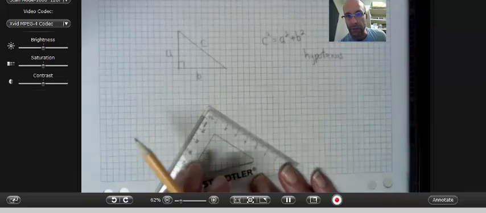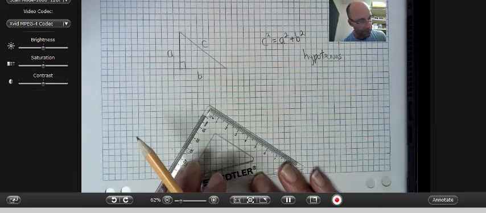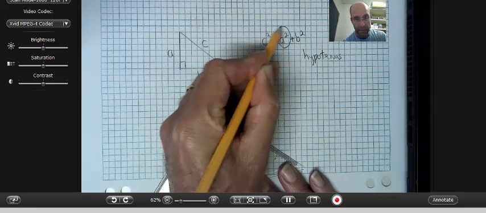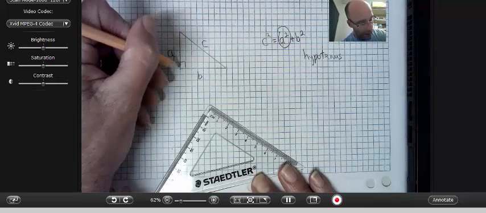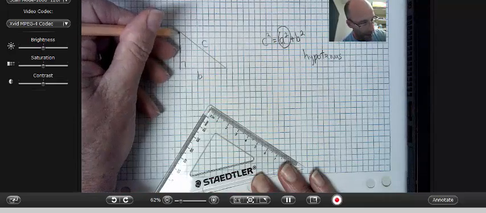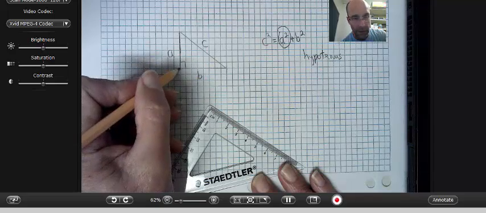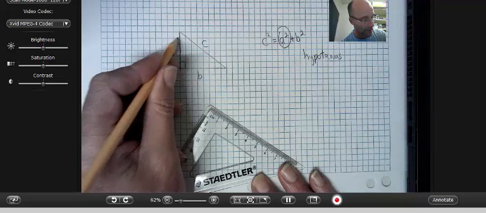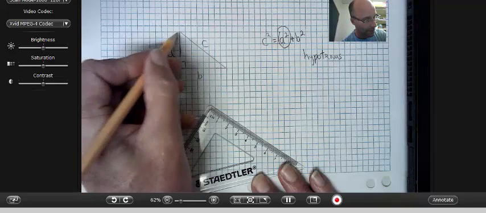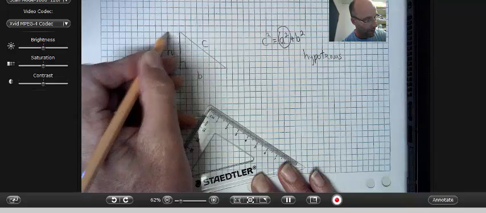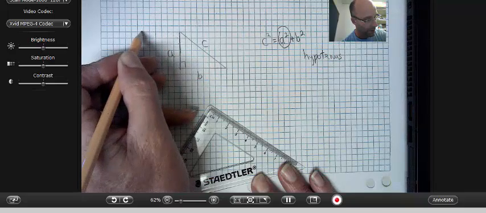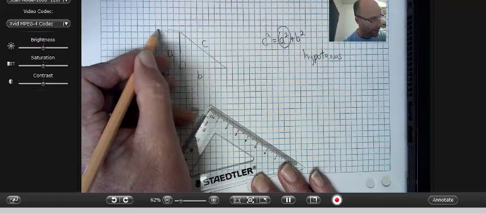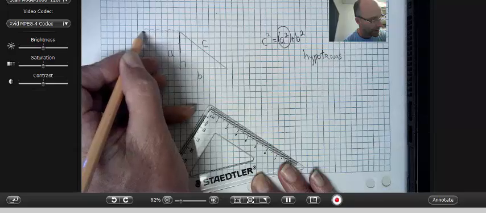You might have even seen that before, but why does it work? Well, let's look at A squared. Here we have A, and so if we turn that into a square, we've got 1, 2, 3, 4, 5, 6 of these little units. We need to go across 1, 2, 3, 4, 5, 6 units there. Again, we counted the same number along, 1, 2, 3, 4, 5, 6.